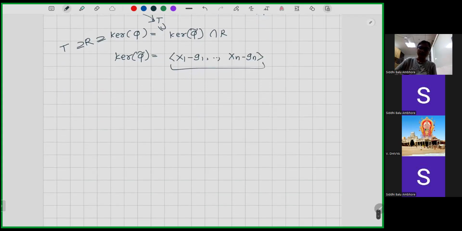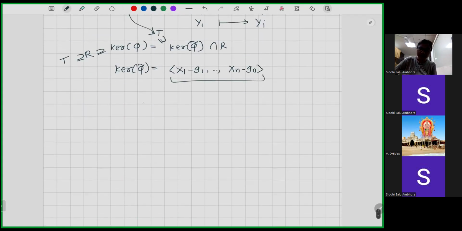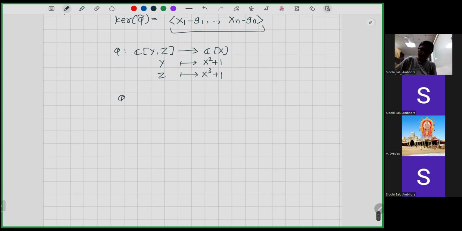Okay, so in our case, our original map, I can consider this C[y,z] to C[x], such that y goes to x square plus 1, z goes to x cube plus 1, which is my phi, and my phi tilde is this map C[x,y,z] going to C[x].